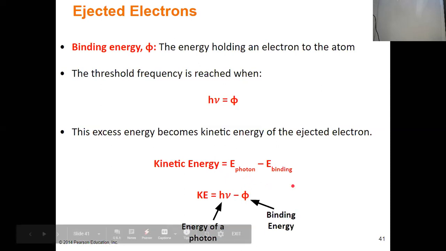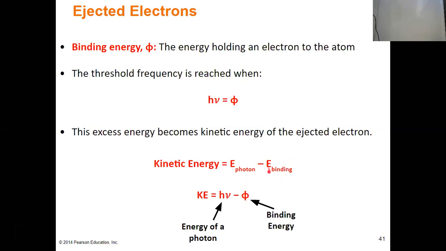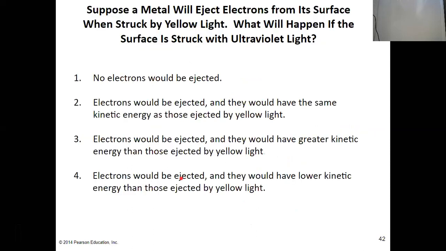The binding energy would be the same for the electrons in both cases. So when you subtract these numbers, the kinetic energy associated with the ultraviolet would be greater than with the yellow, right?